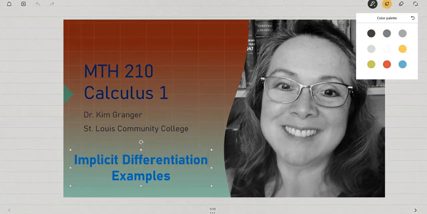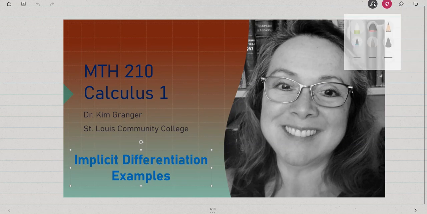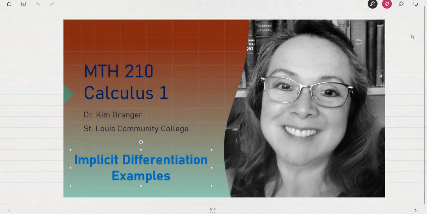Now that we've learned a good deal about derivatives and about the chain rule, we're ready to move on to implicit differentiation. With implicit differentiation, we're often going to be asked to find y prime. Y prime means the derivative with respect to x of y.